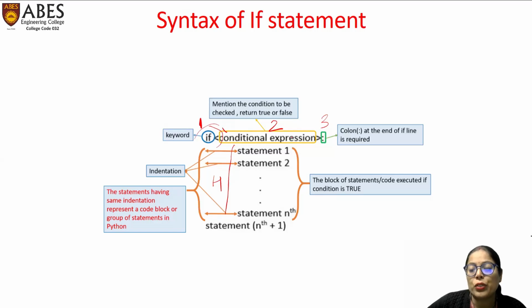That means the condition which needs to be tested. And then at the end, you will write a colon. After that, you will follow the indentation and whatever statements you want to be executed if the condition is true will be written here. And if you don't follow the indentation, it will throw an indentation error. So these are the 4 points which you should keep in mind while writing if statement.